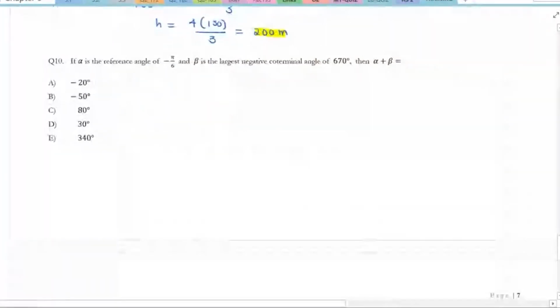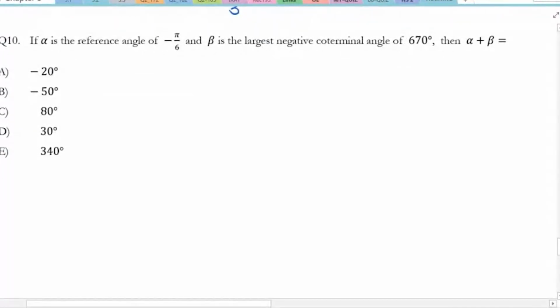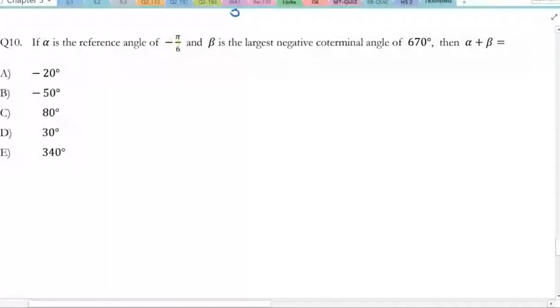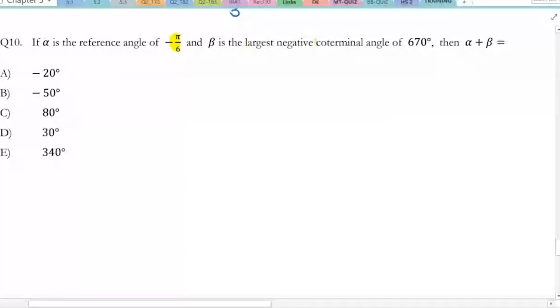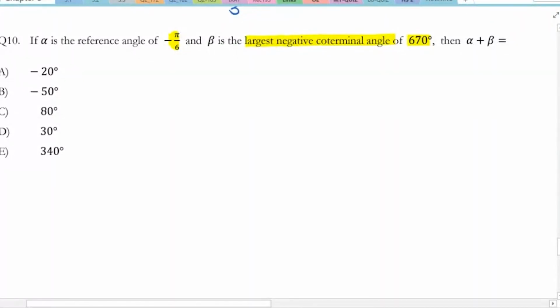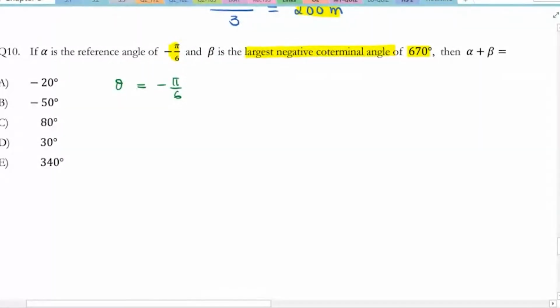Okay, gentlemen. Question number 10. Here, the question says if alpha is the reference angle of this, and beta is the largest negative coterminal angle of this one, what is alpha plus beta? So let's say our angle theta is equal to minus pi over 6.